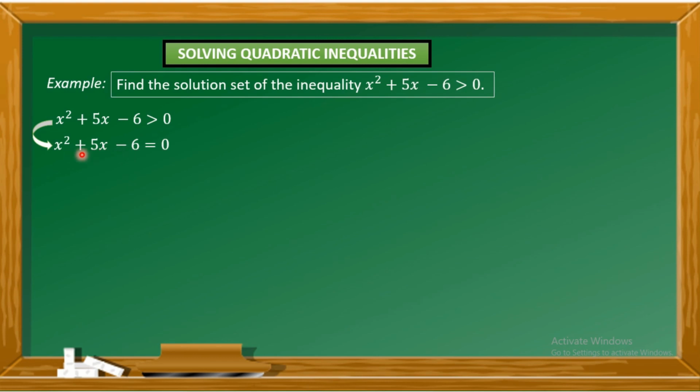If you still remember this form, x squared plus bx plus c equals 0, think of two numbers that when you multiply, the product is negative 6, and when you add, the sum is positive 5.